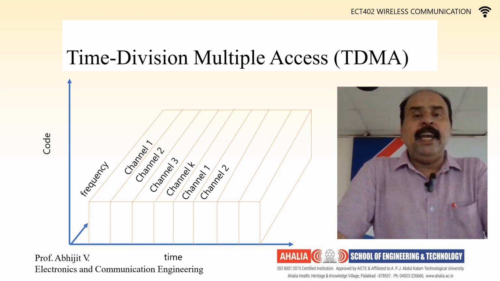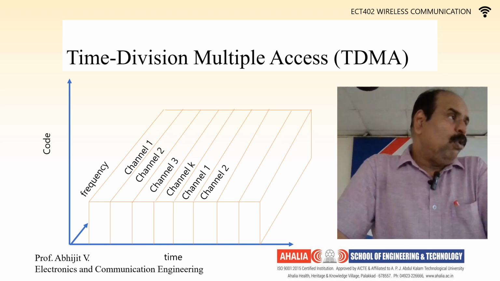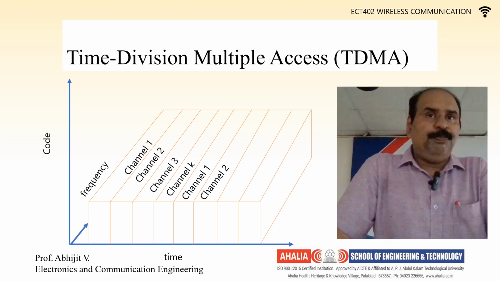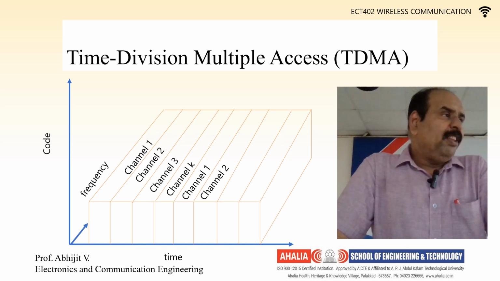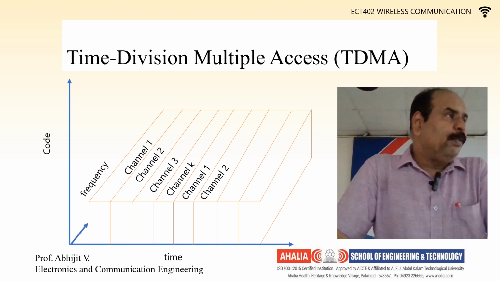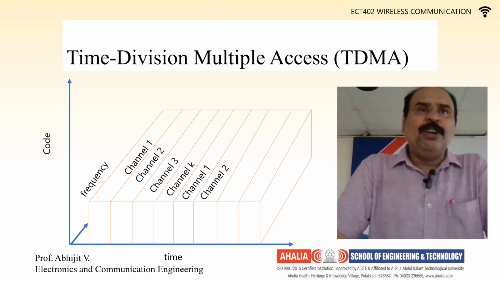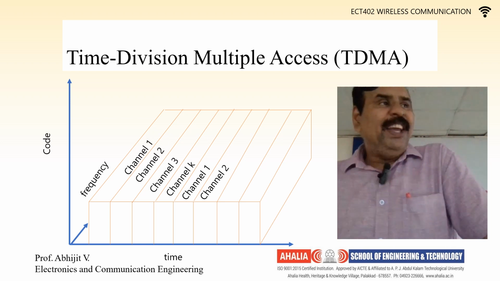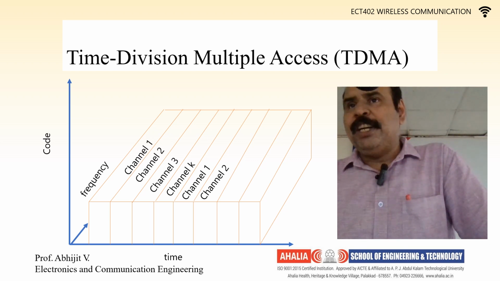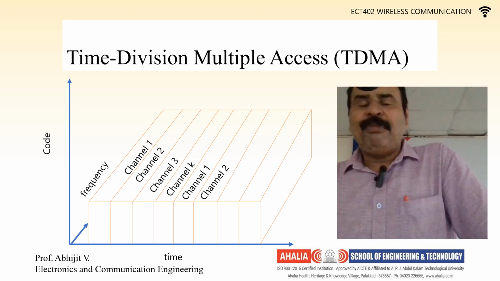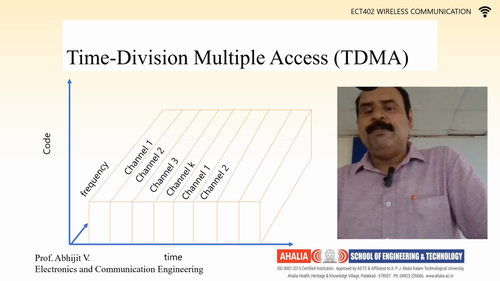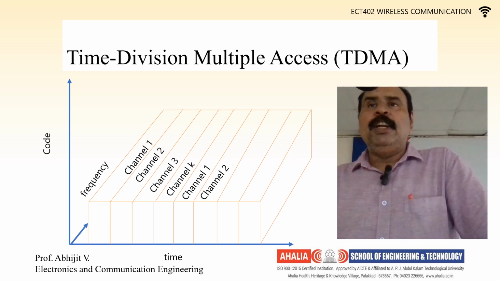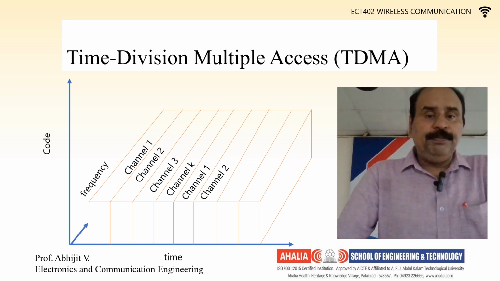In the next slide, I'll explain this more, but this is only for you to draw in your exams. The next slide is a more colorful image giving you more details about TDMA, but you cannot make it colorful in your exams. So you can just draw this diagram for your exam so that the entire time slot is divided for each user.